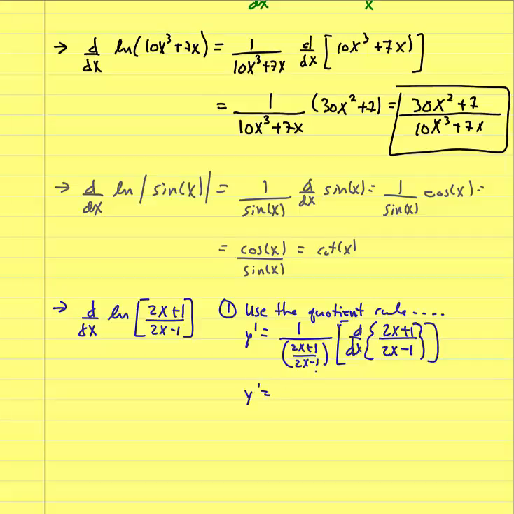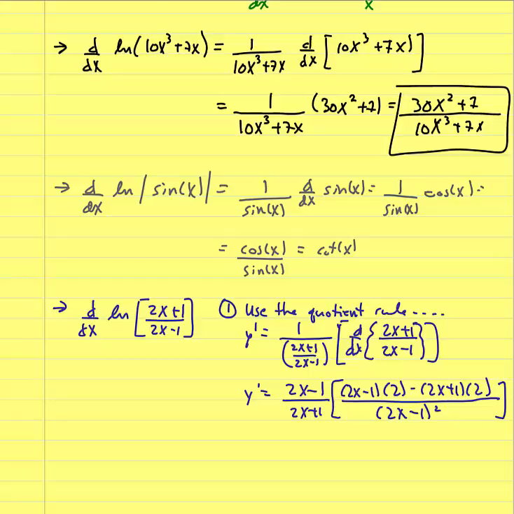So y prime would equal, when you divide by a fraction, you multiply by the reciprocal, so this flips. And then the derivative here would be, back to the quotient rule, bottom times the derivative of the top minus the top times the derivative of the bottom all over the bottom squared.